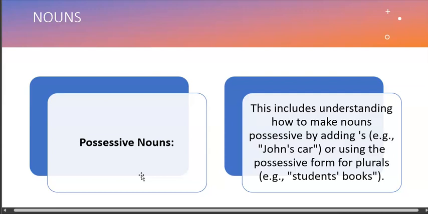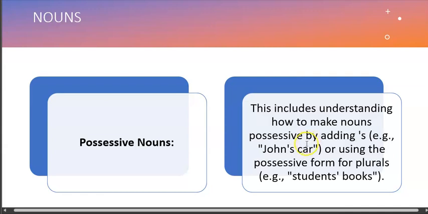Nouns that show ownership. So if you want to say something like John's pencil or Mary's book, there's an s that is added there and an apostrophe. So for example, John's car, look at this. So this John's here is a possessive noun that shows the car belongs to John, okay? So you add an apostrophe, and you add an s to that, okay?